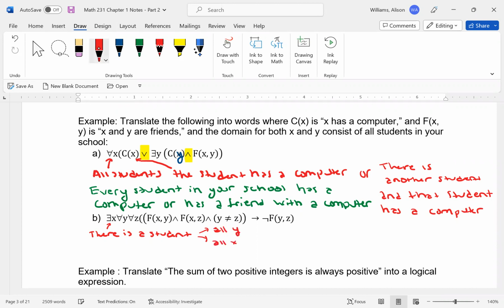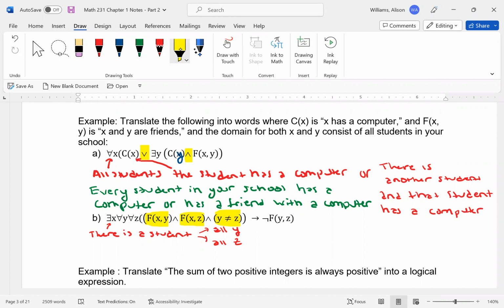So we're basically comparing two other students together. And, I should say and, the first student is friends with the second student. The first student is friends with the third student. And those two people are not the same. So there's a student out there who's friends with one student, friends with another student, and those two are not the same students.